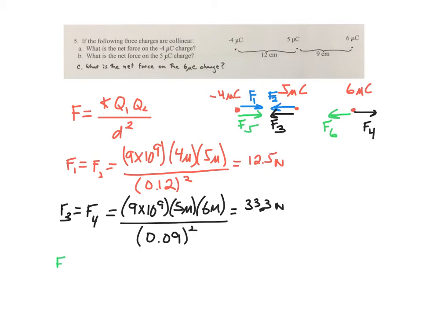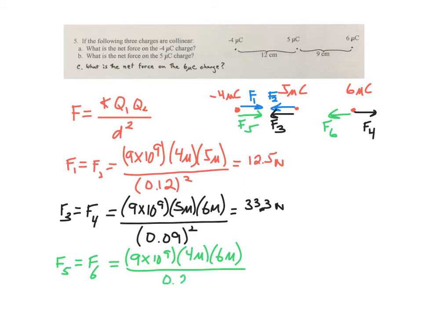So F sub 5 equals F sub 6, and it's 9 times 10 to the 9th, times the 4 microcoulombs, times the 6 microcoulombs. Now watch the distance here. The total distance from the -4 to the 6, the 12 plus 9 centimeters, gives me 21 centimeters, which is 0.21 meters squared. I plugged it all in my calculator, and I have 4.9 newtons.